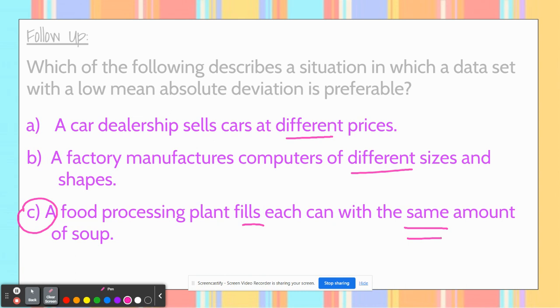So when you buy a can of soup, and then the next can of soup, you want them all to have about the exact same amount of filling. Therefore, you want a low mean absolute deviation. You do not want your numbers spread out. You want them close together because they should be the same.